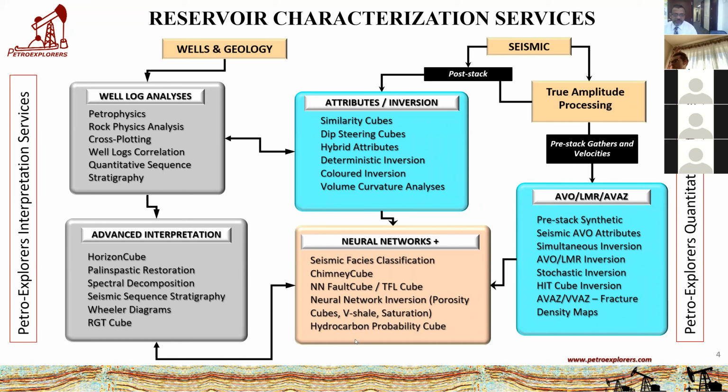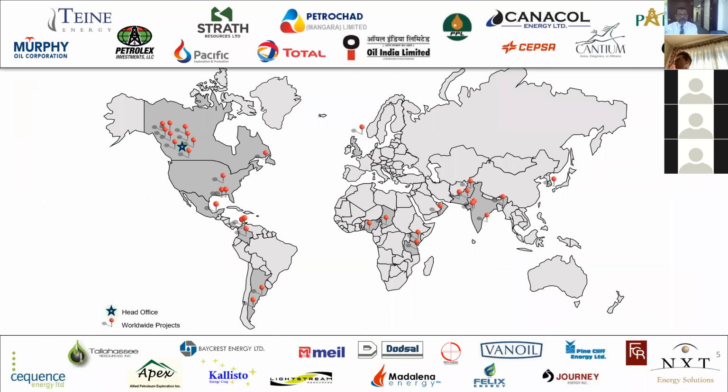We combine them into neural networks or various workflows, taking the log data and even now the engineering data, the stratigraphy, the cores, all the information from rock physics and interpretations in the RGT domain, Wheeler domain, and age domain, and combining them into a hydrocarbon probability cube or output into reservoir models, which engineering reservoir characterization takes on from there, or simulations. That is our core area.